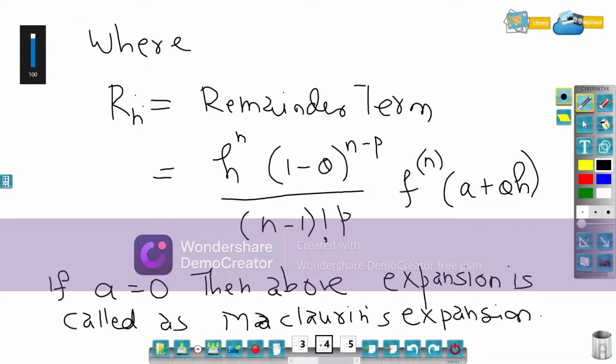Okay, so we'll find out the remainder term now. Here we will take p is equal to 1. That should be noted.